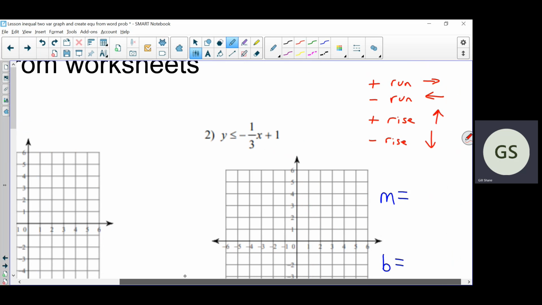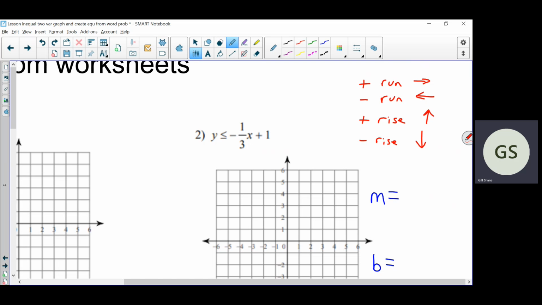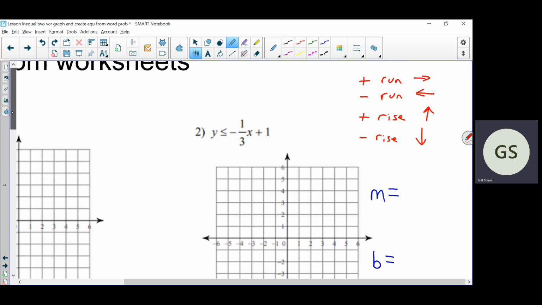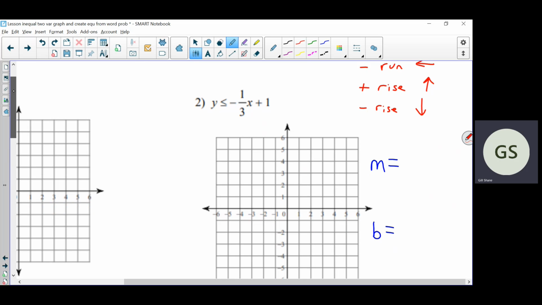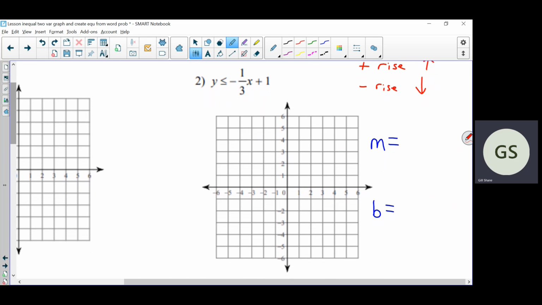Oh, you don't even have to put it all over the fraction. Yeah, because you don't even have to do that second step. But I will say it does have a negative in it, which makes part of what we're going to do a little trickier. All right. So when we go to graph a line from an equation, what's the first question we ask ourselves? First, you got to ask yourself, is y by itself?